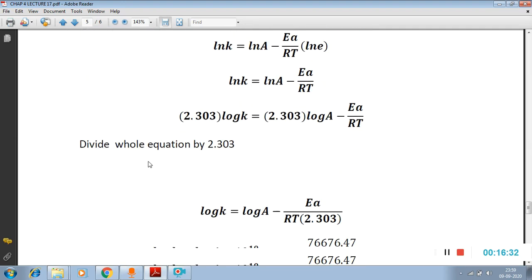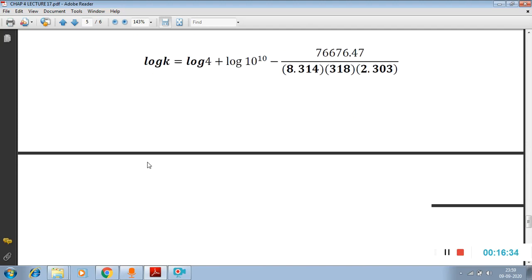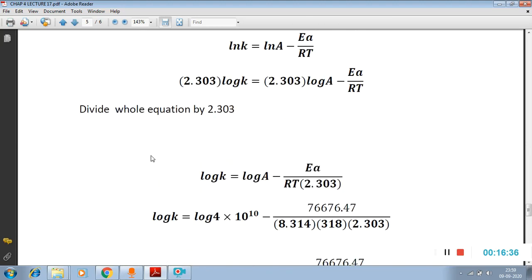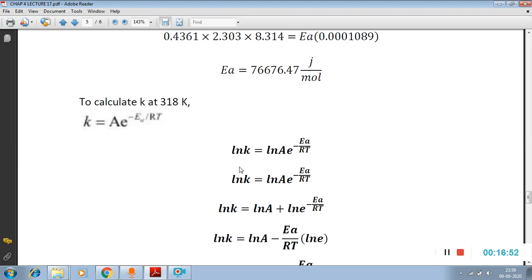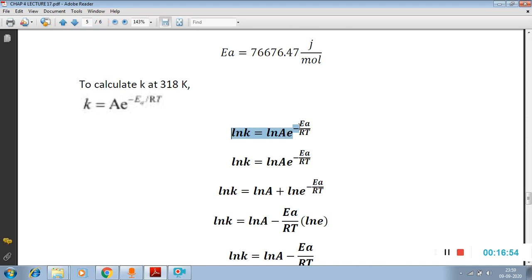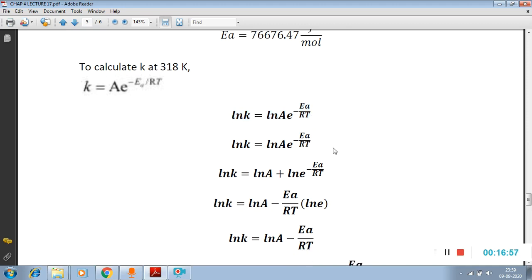Now the second value we are going to calculate, that is the value of K at temperature 318. Here the second form of Arrhenius equation is there. This is also the Arrhenius equation, second form. So you can see the same calculation as the previous example.